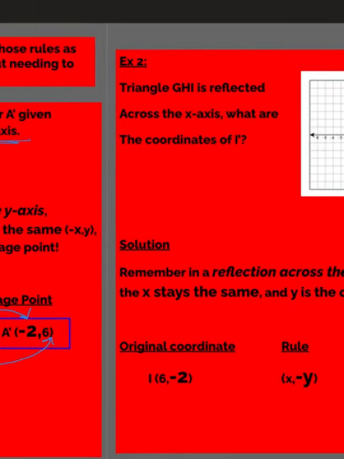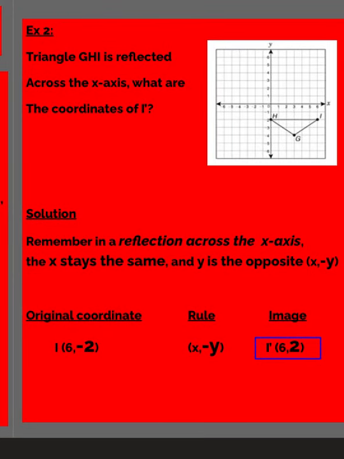All right, for our last example, we are going to take triangle GHI, and it's going to get reflected across the x-axis. We only care to find the coordinates of I prime. So we're going to reflect across the x-axis and only focus on I. Here's I. The coordinates of I, which you can see written down here, are 6, -2.